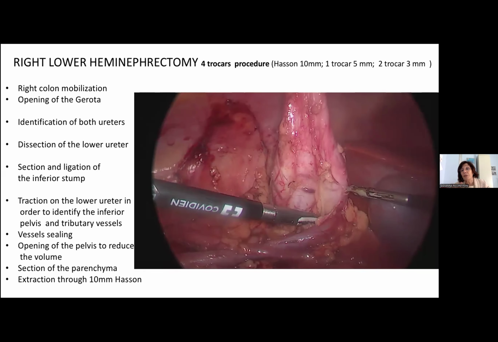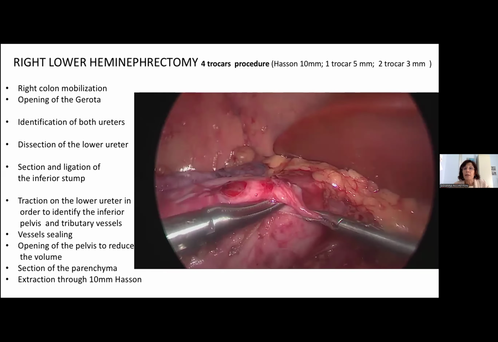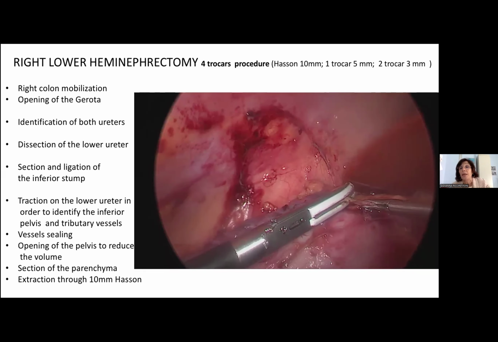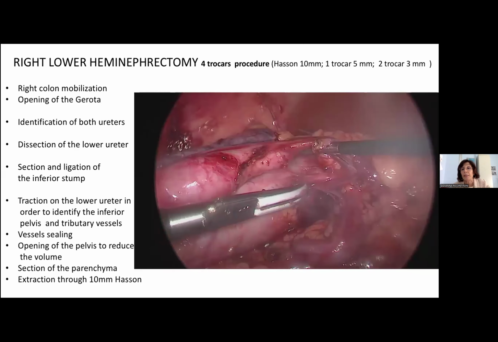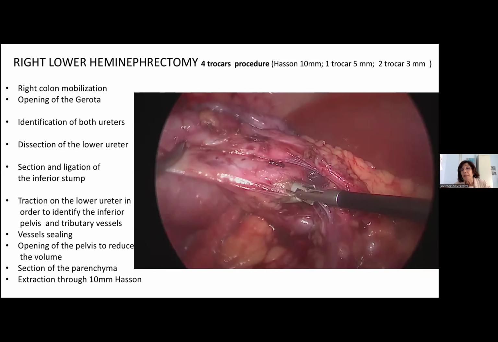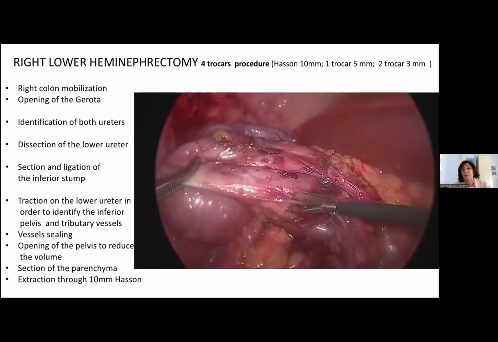I like to interrupt the ureter immediately in order to have a traction on the pelvis, to facilitate the work.